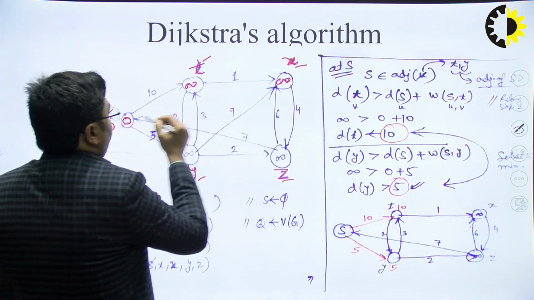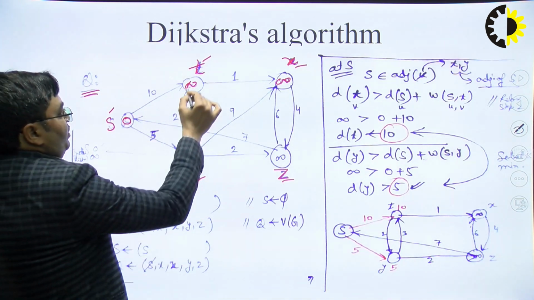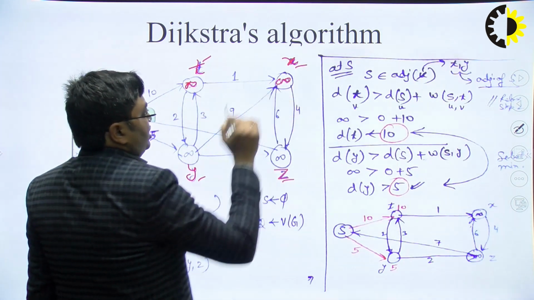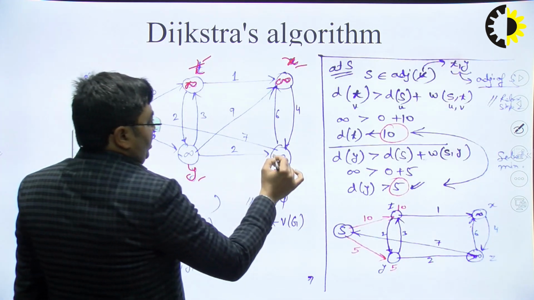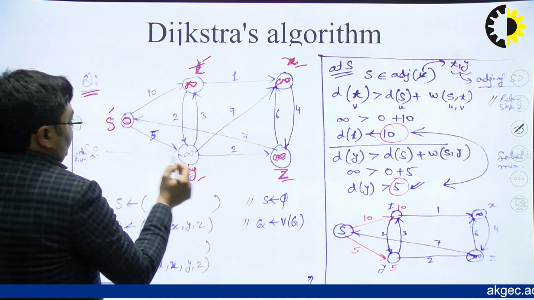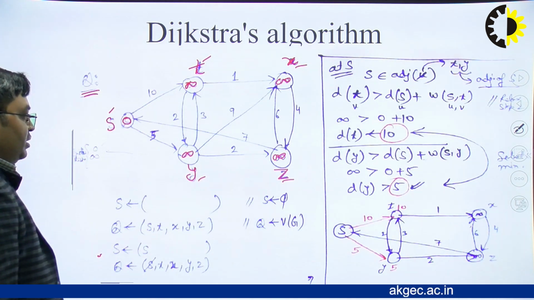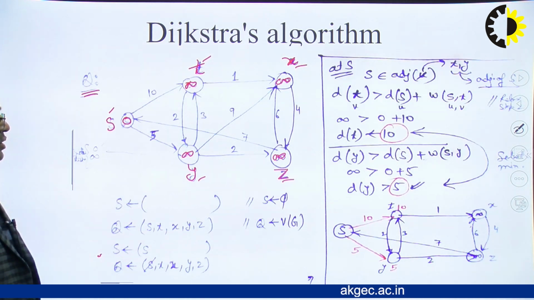This means reaching vertex T has an infinity value, reaching X again infinity, reaching Z again infinity, and reaching Y another infinity value.